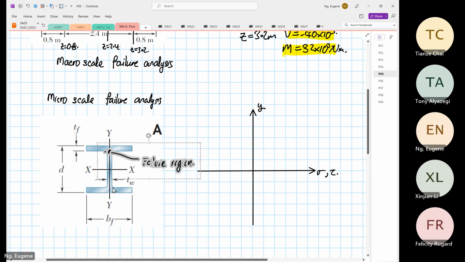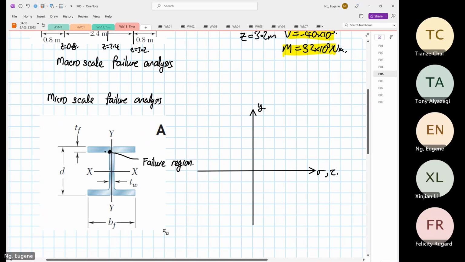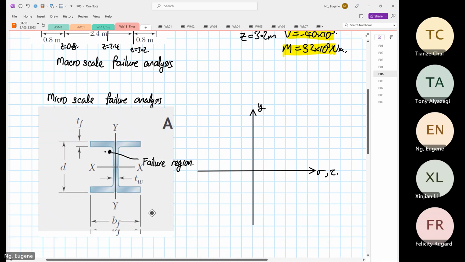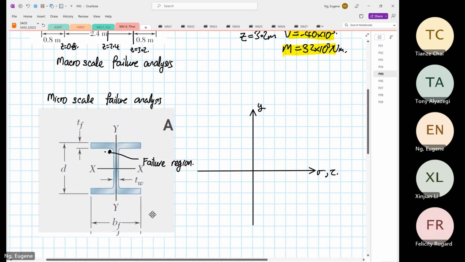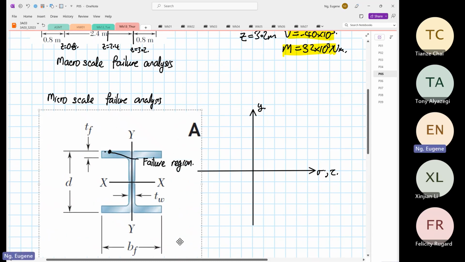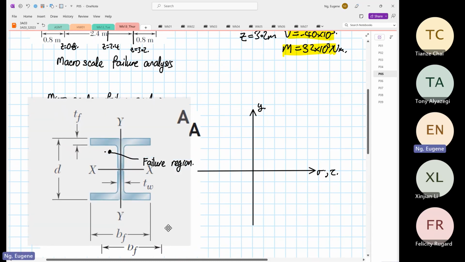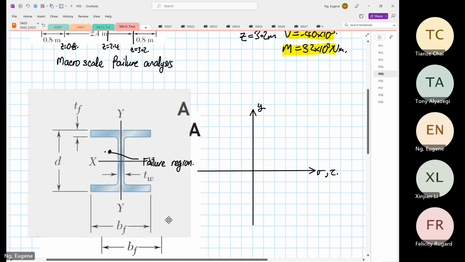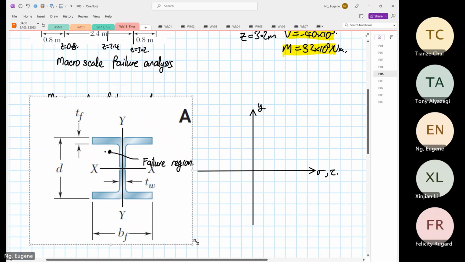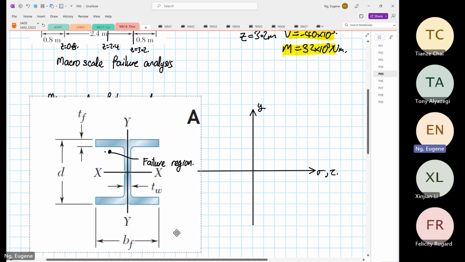Wait. Go on. Bigger some more, then you can see better. Yep, this is good.